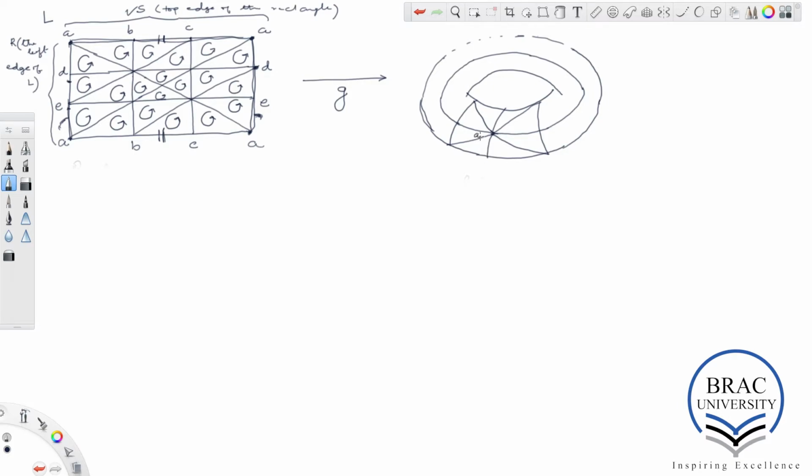This point is A, this vertex is A, this is D, and it should be E. Okay, and the orientations stay the same.